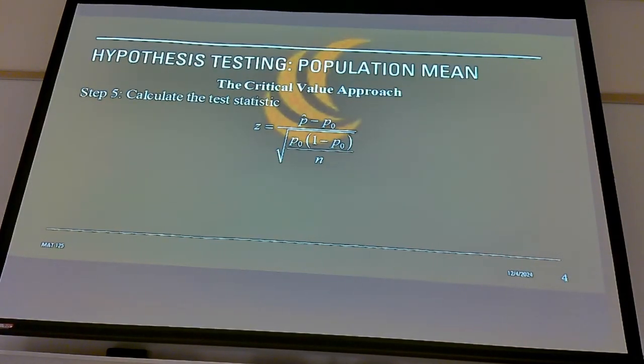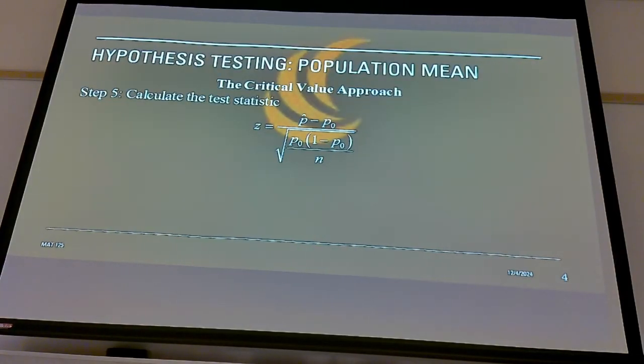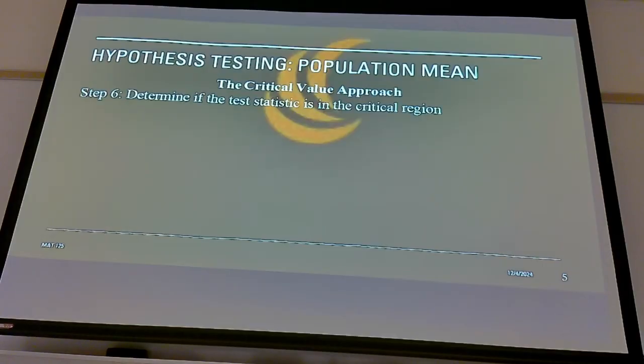That's the test statistic for a proportion hypothesis test: P hat minus P naught over the square root of P naught times 1 minus P naught over N. Determine if this falls in the critical region, and then state your conclusion.